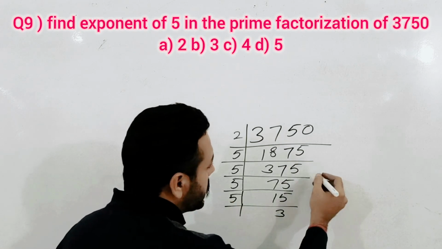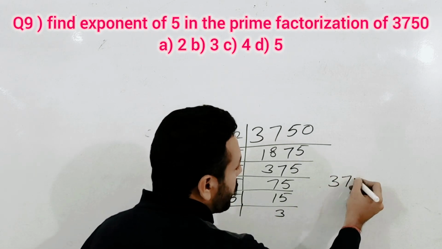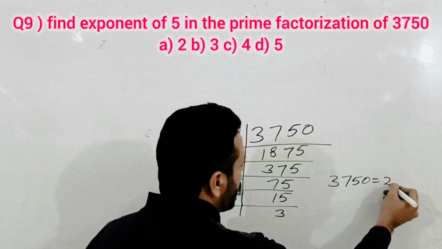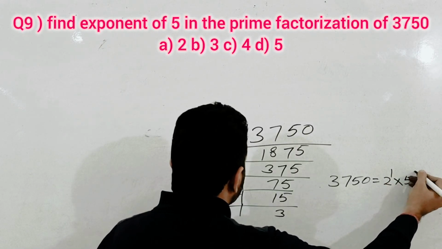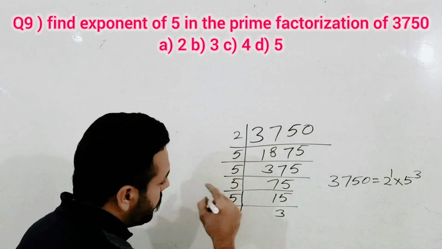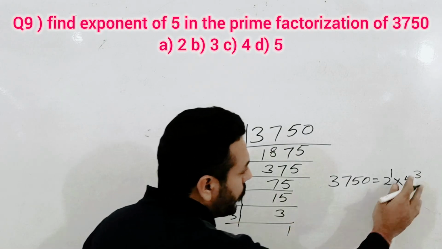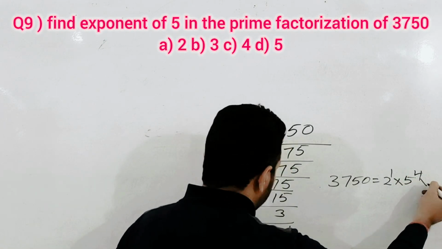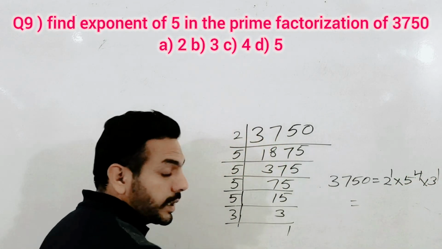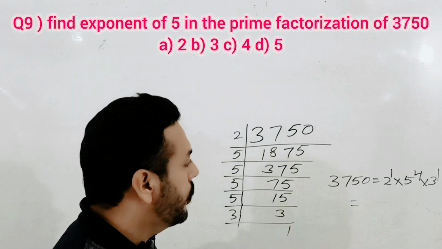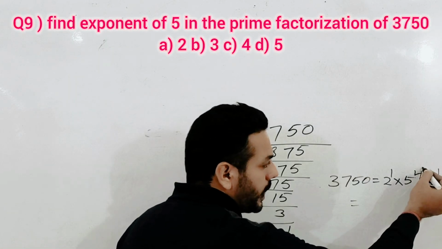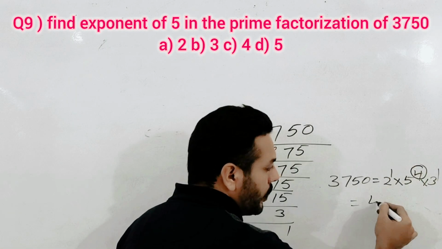Now, if we write as factorization, 3750 is written as 2 raised to 1, 5 raised to 4, and then 3 raised to 1. So here we find exponent of 5. That is, here the exponent, that is degree of 5, is 4.